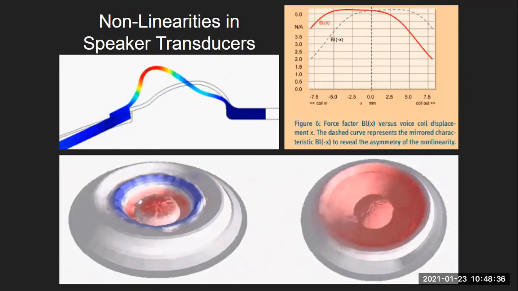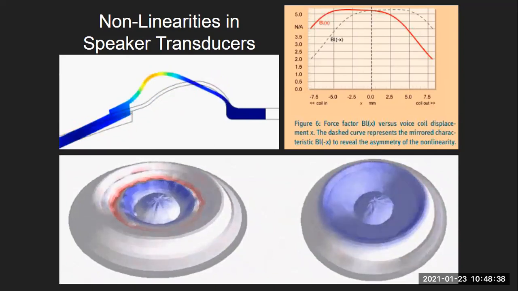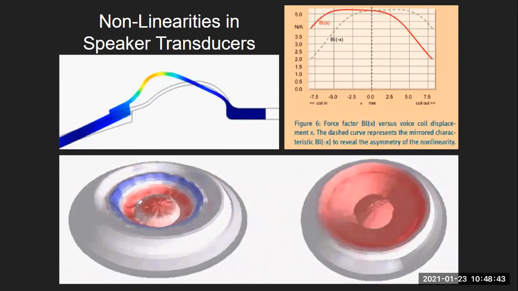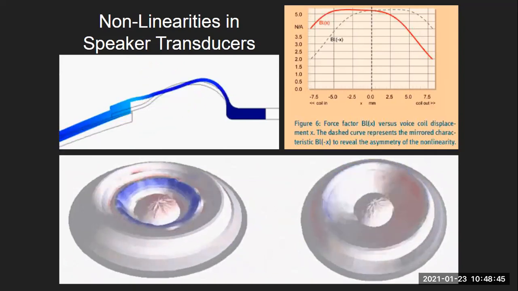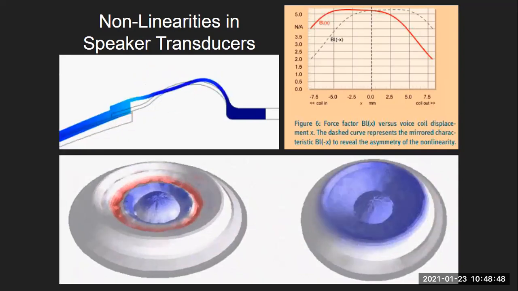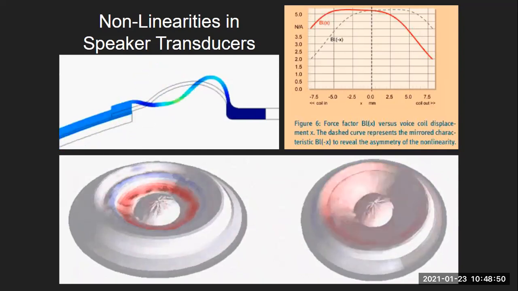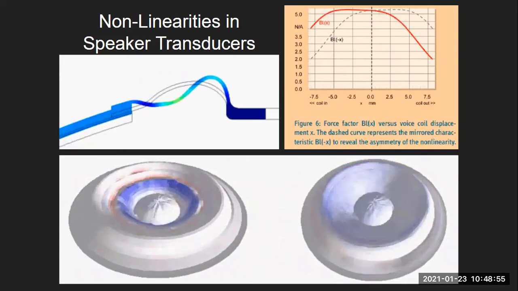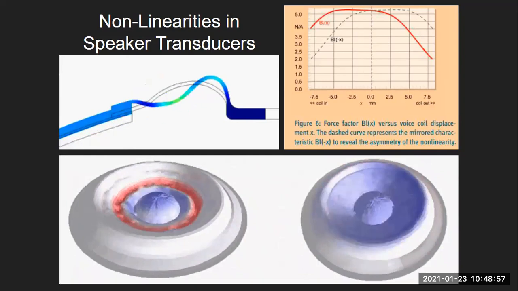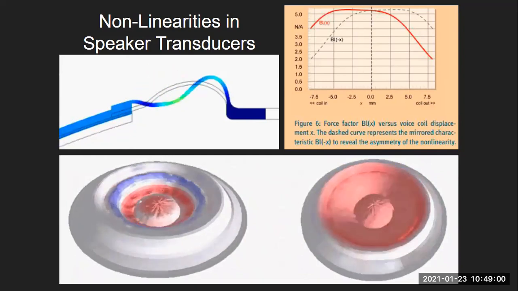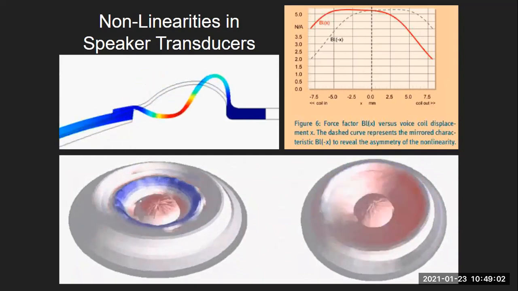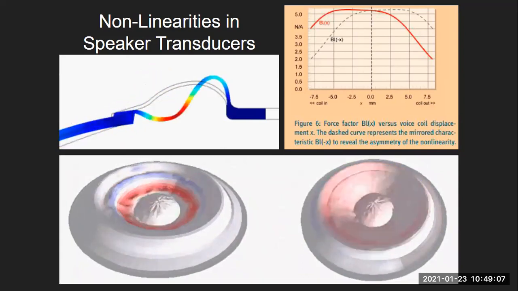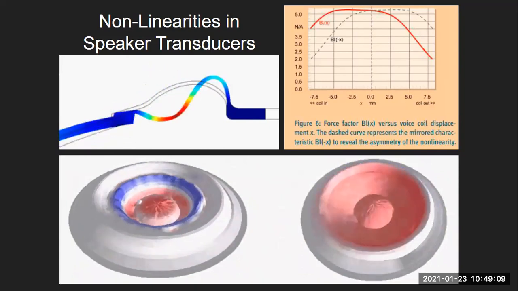And then in the top right corner is showing the nonlinearities of the magnetic force of a motor. With x equals 0 being at rest, as you apply a current, you're moving further and further out away from 0. But you can see that the magnetic force is not the same for the entire range of motion, and so that can result in signal distortion where it starts almost soft clipping the signal.